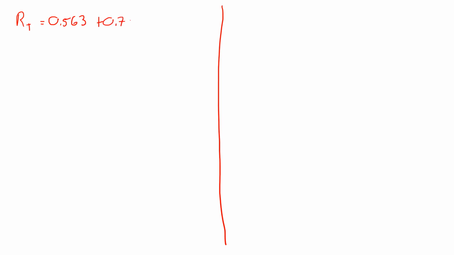So I'm going to continue the example problem here. Our total resistance will equal the resistance of the gypsum plus the resistance of the plywood, giving us a total resistance of 1.34 hour foot squared Fahrenheit per BTU.